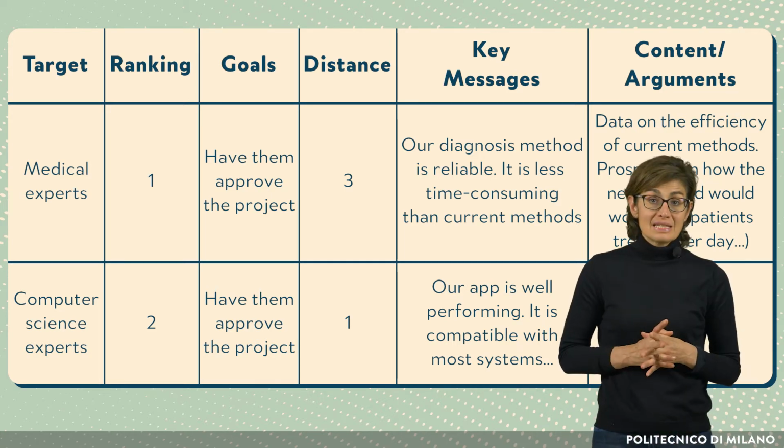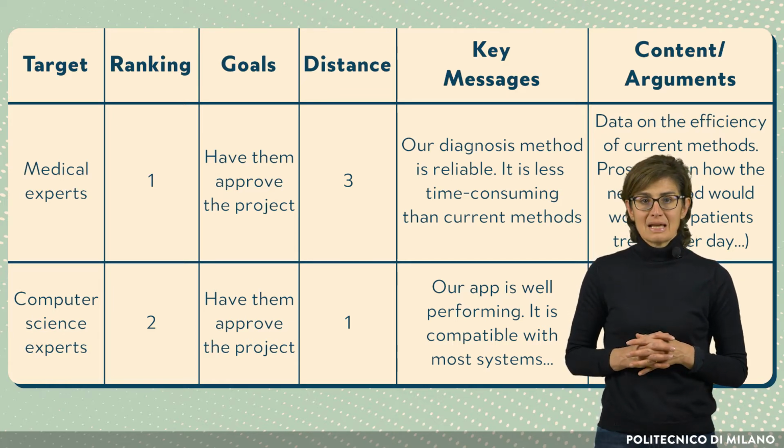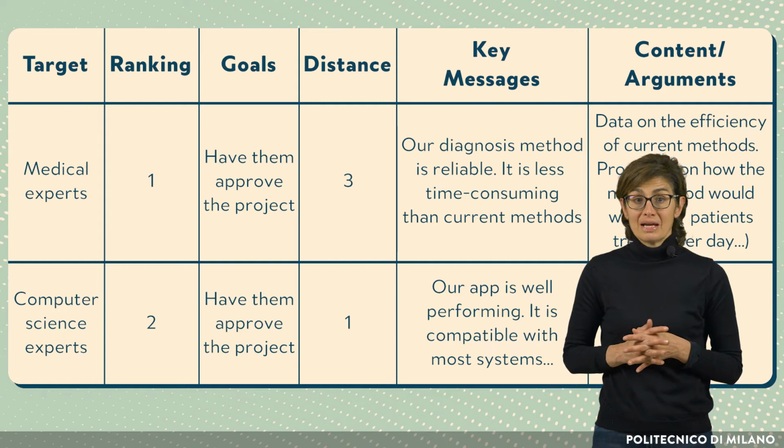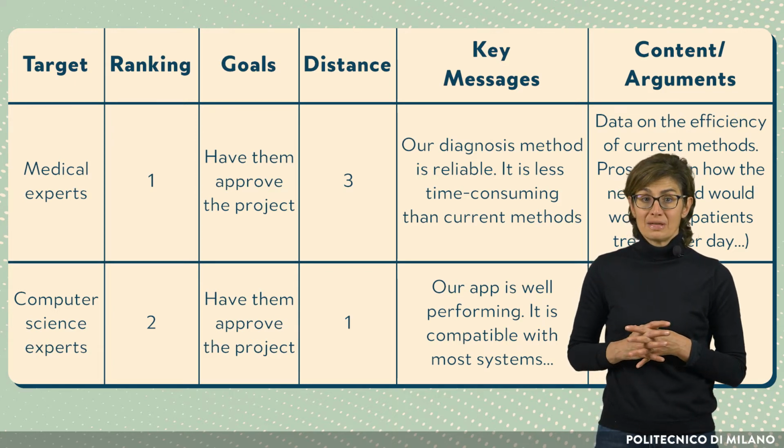The table you're seeing is partially filled in with an example by some bioengineering students of mine who took part in a call for ideas on new technologies and diabetes. They wanted to present a system to make the diagnosis more effective by detecting diabetic retinopathy.